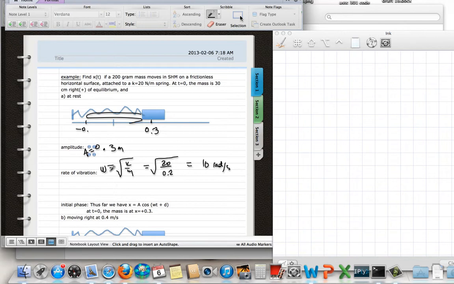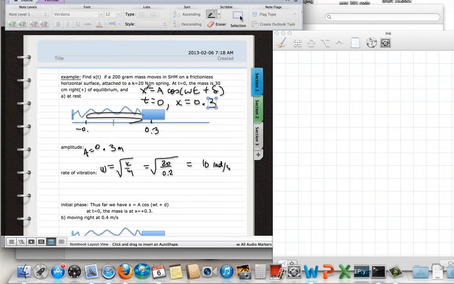We just need our initial phase delta, because standard form, remember, is A cos of omega t plus delta. Well, at time 0, the position is 0.3. So if we put time 0 in here, that term just disappears, and you get cos delta.